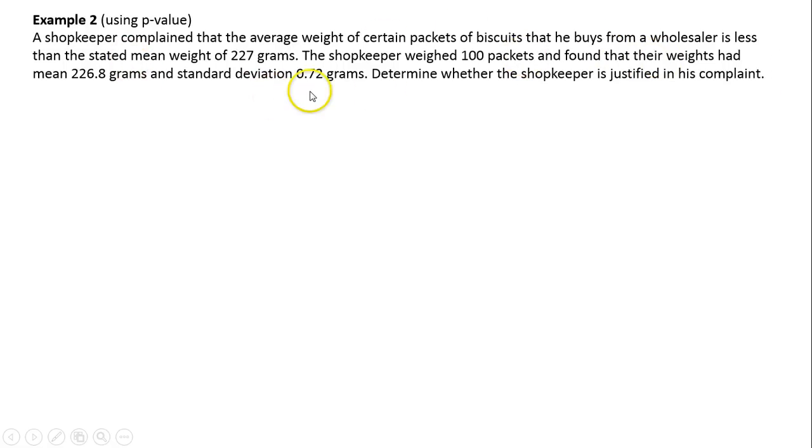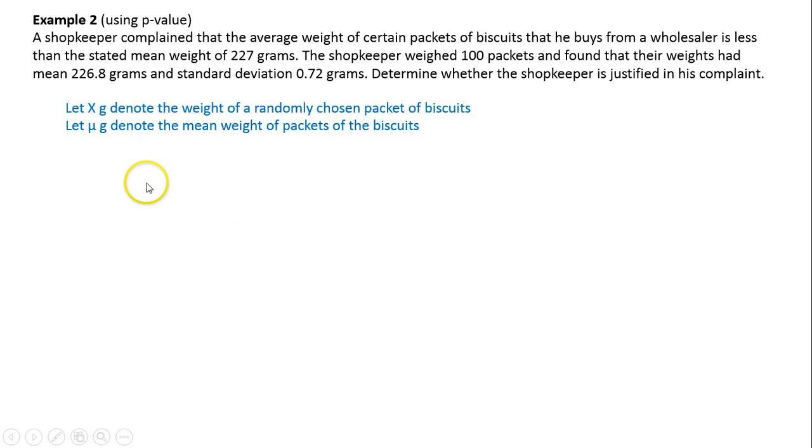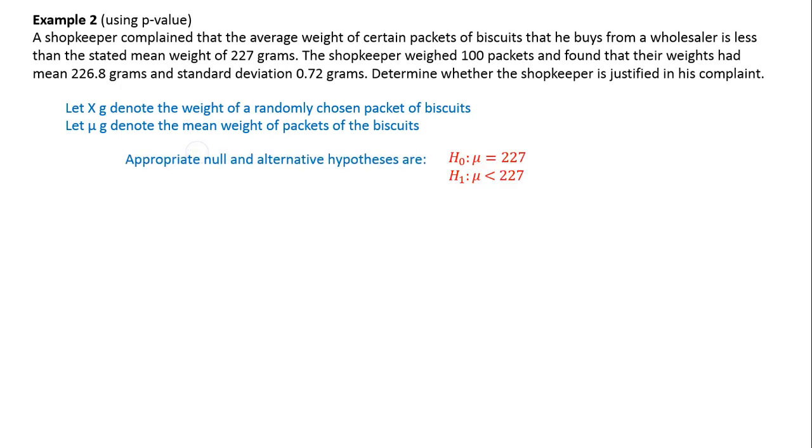So that was the sample estimates. Determine whether the shopkeeper is justified in his complaint. So let X bar denote the weight of a randomly chosen packet of biscuits, and mu denote the mean weight of the packets of the biscuits overall.